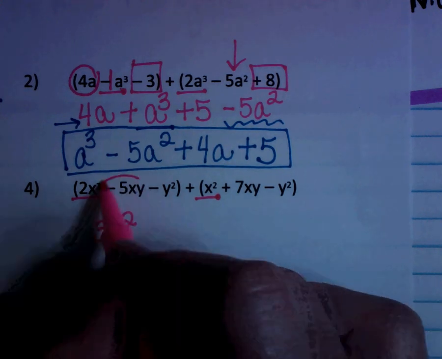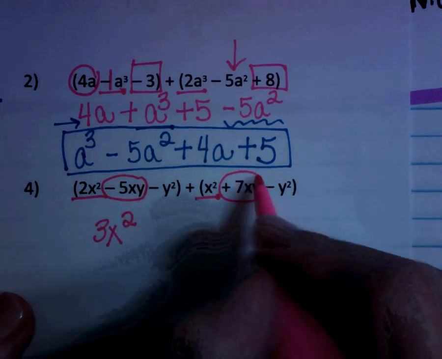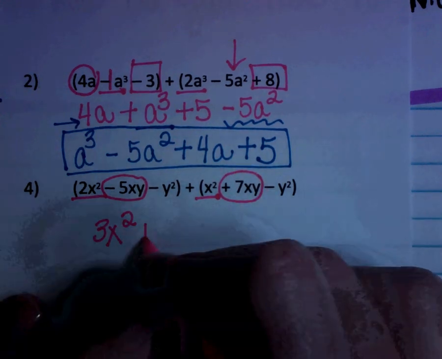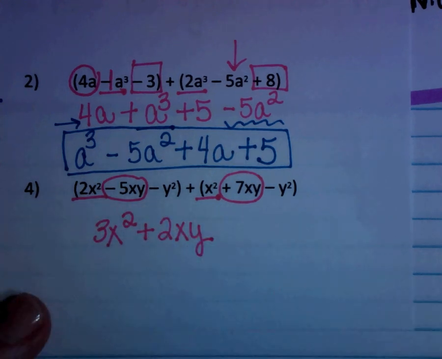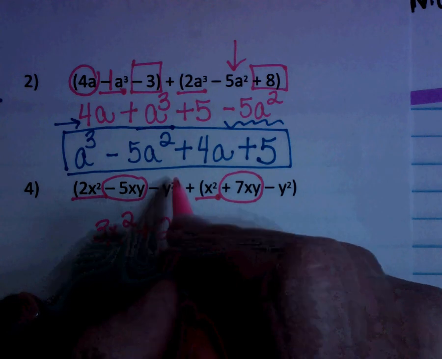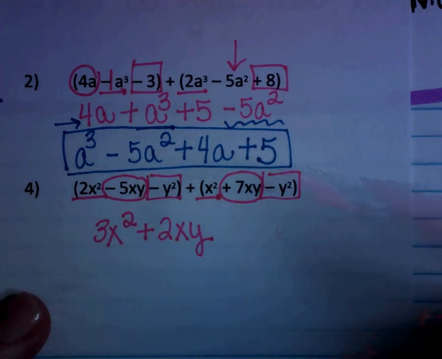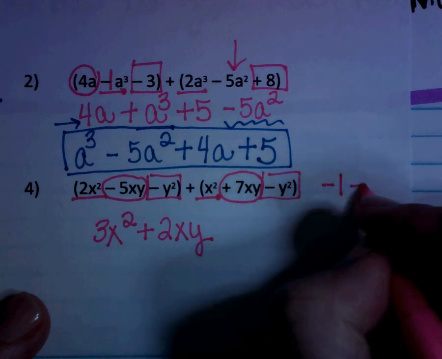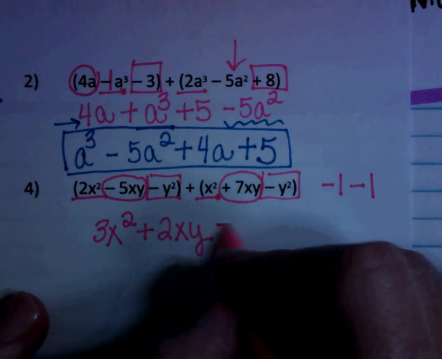Then we have negative 5xy plus 7xy. So that is 2xy. And then we've got negative 1y squared and negative 1y squared. So that's like saying negative 1 minus 1, or plus negative 1. So it would be negative 2y squared.